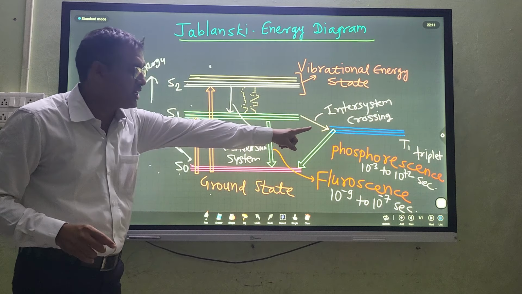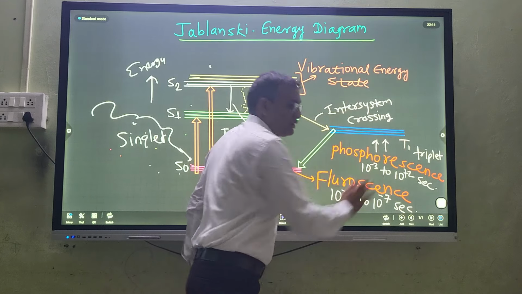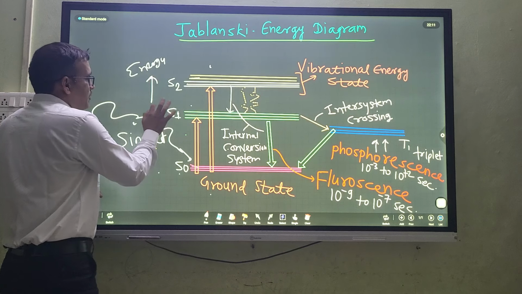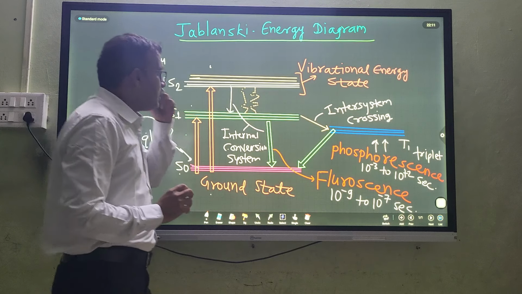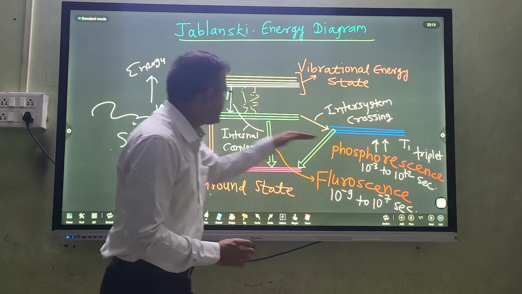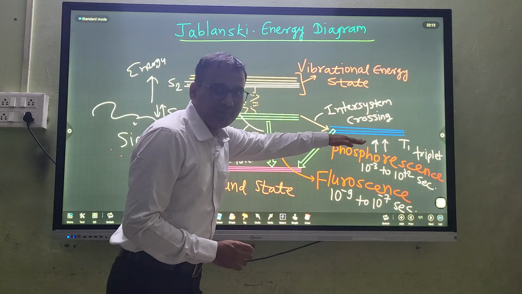At the triplet state, the electron spins are parallel to each other, and in the singlet they are anti-parallel. The T1 energy level is slightly less than S1.